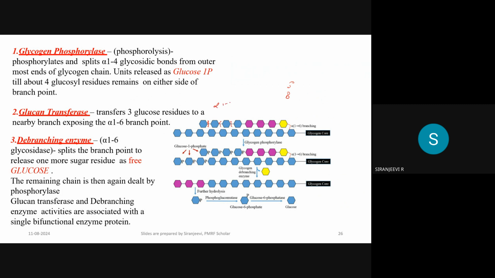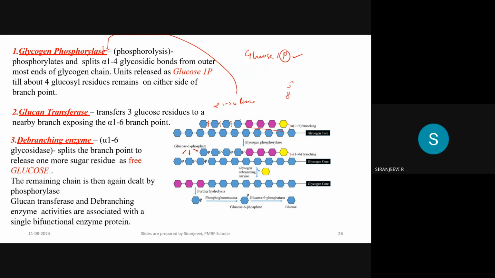The alpha 1 to 4 linkage will be broken by glycogen phosphorylase, and it will give a glucose 1 phosphate molecule here. Once glucose 1 phosphate is released, this will happen until 4 residues are left in the branching chain.